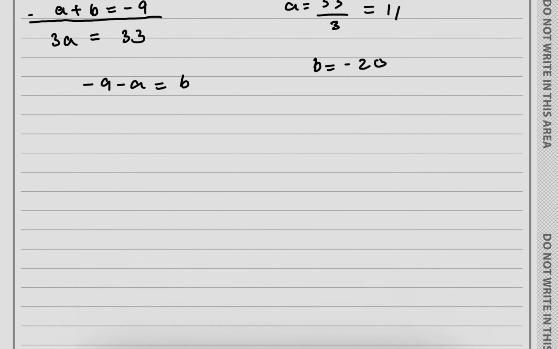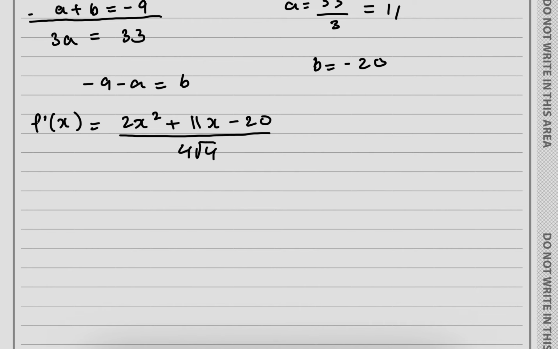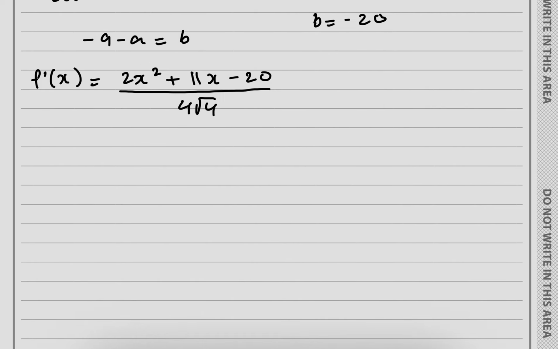And then we rewrite the gradient function. F dash x should be 2x squared plus 11x minus 20 over 4 root x. That's our gradient function, and then we have to integrate it. We do have to rewrite this so that it is easy for us to integrate it.